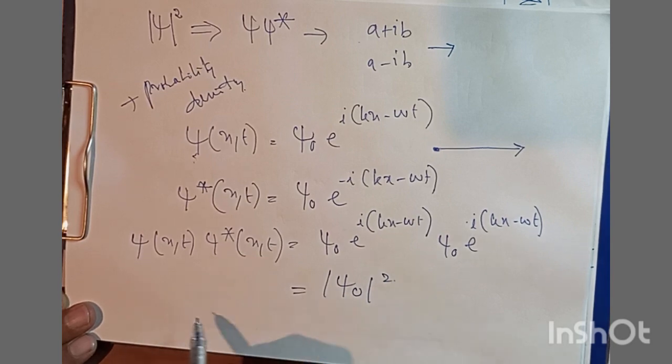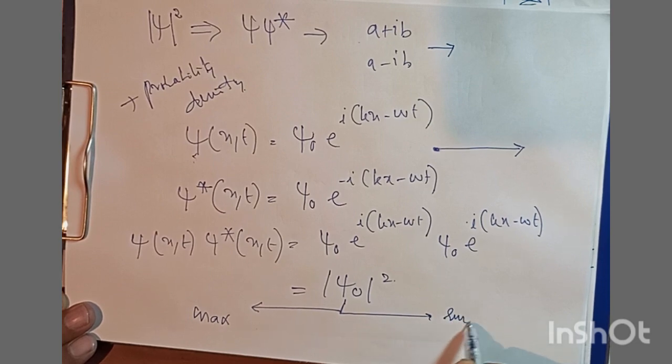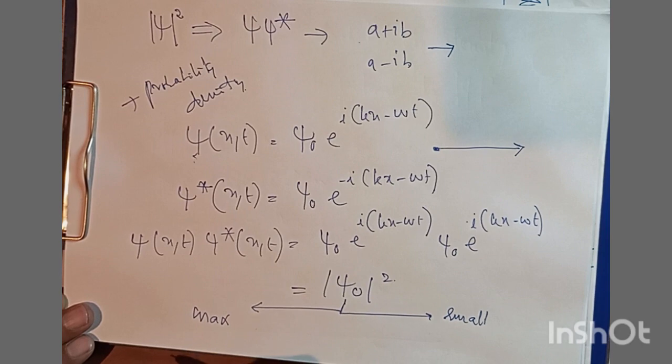And precisely, if this value comes out to be maximum, there is a strong possibility of the presence of the particle there. For the maximum value, the possibility of finding the particle is maximum, and if we get a small value at that position, we have less possibility of the presence of the particle at that point, right?